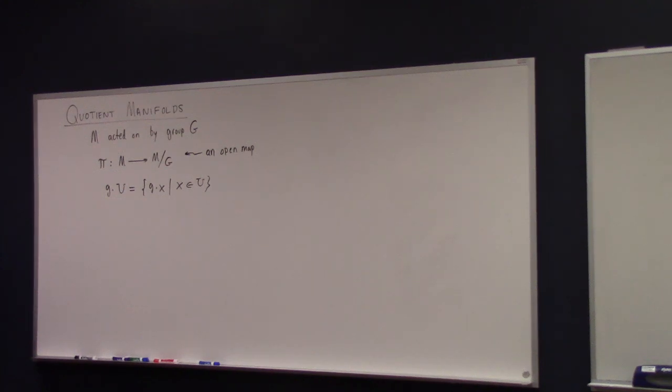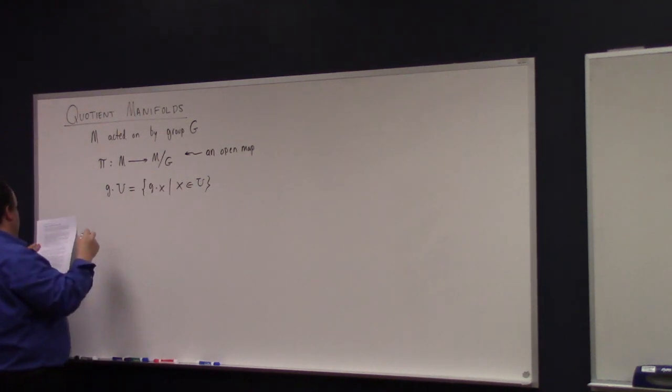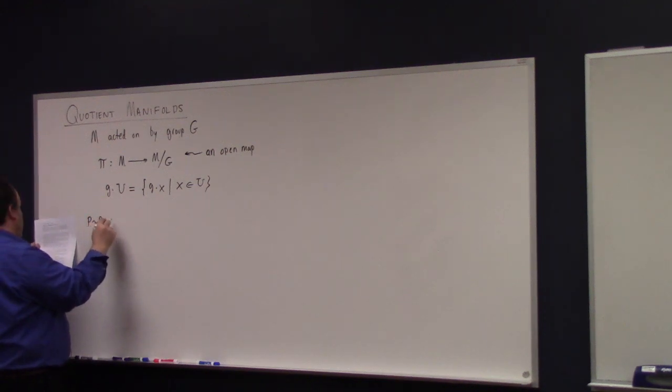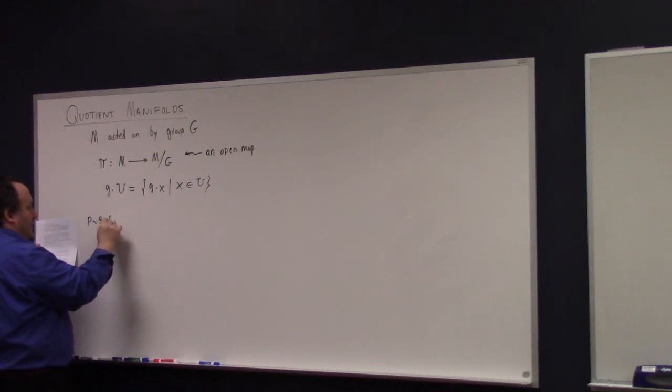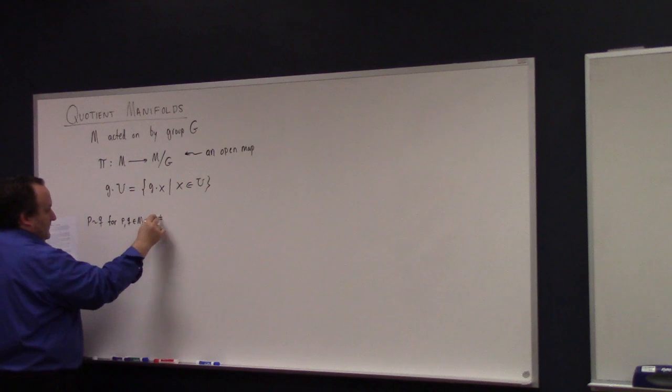So this is an equivalence relation, and to be more specific, here's the equivalence. P is equivalent to Q on M, for P and Q in M, if and only if what? What's the condition?